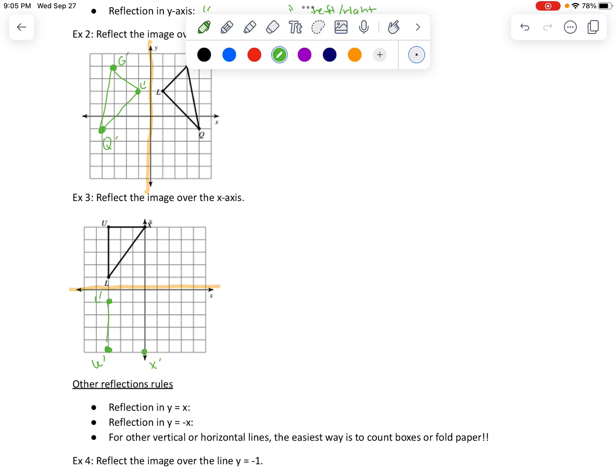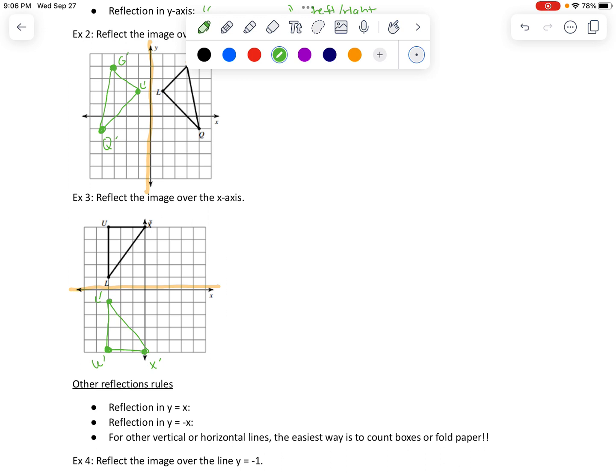You could have an image that is split, like that reflection line is splitting the image. So you just need to go the opposite direction. So if you are above, go below. If you're below, go above. It's all right if one goes the other direction. It's not a big deal. Just make sure that you're counting and going the opposite direction.